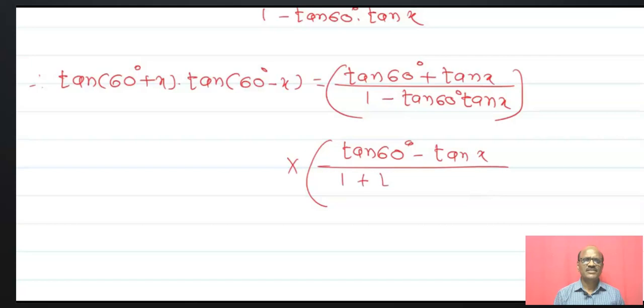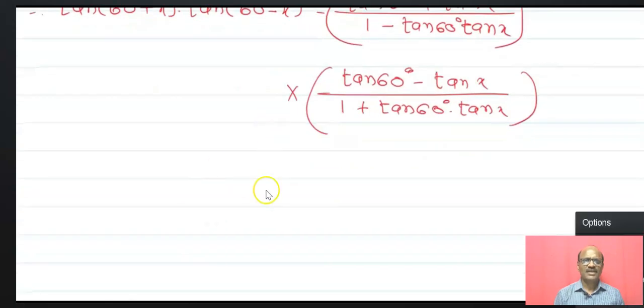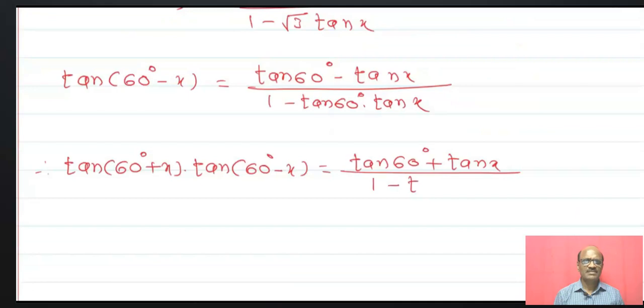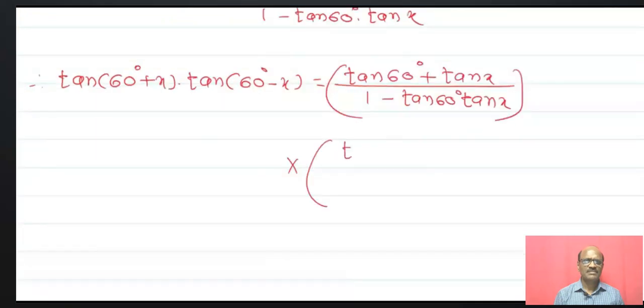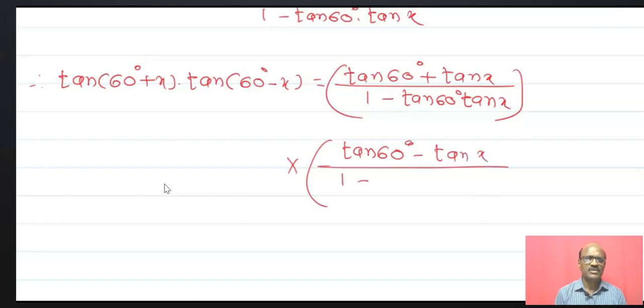Next, now we will take the product of these two terms. I had taken here the values. Now here I had taken a plus sign for the second term. I will write here plus. That is, tan 60 plus tan x upon 1 minus tan 60 into tan x, times tan 60 minus tan x upon 1 plus tan 60 into tan x.